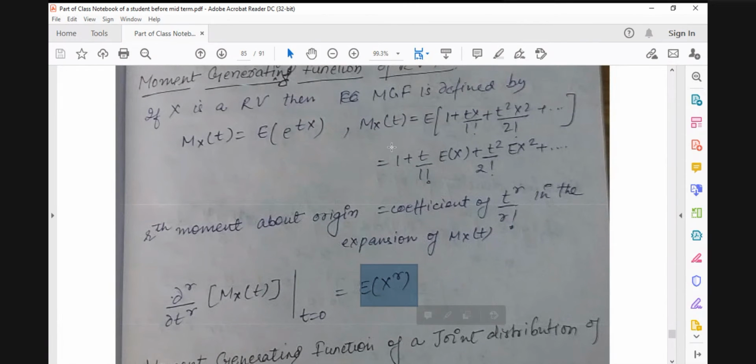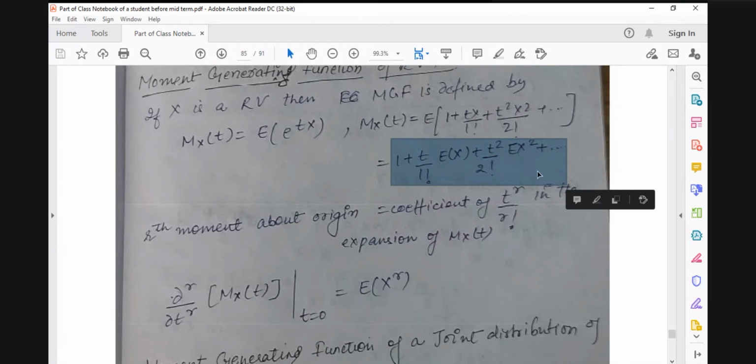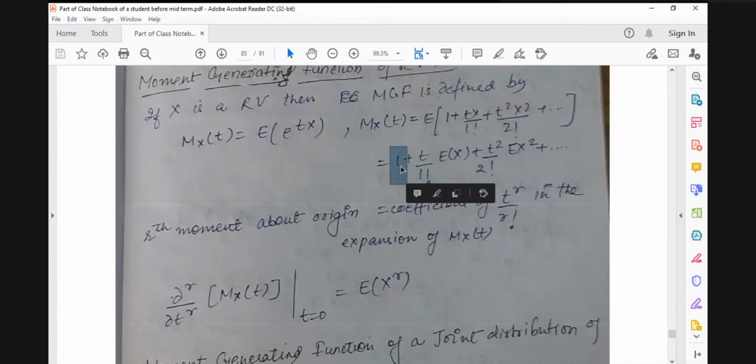Actually, suppose I differentiate this expansion with respect to t only one time. The first term has no t, so its derivative is 0. After differentiation we have 1 into expectation of x, then 2t upon 2 factorial expectation of x square, and the next term is 3t square upon 3 factorial expectation of x cube, like this.